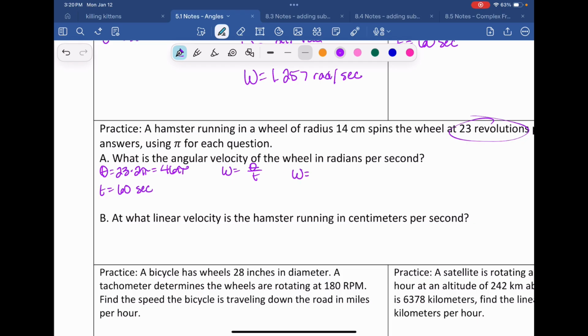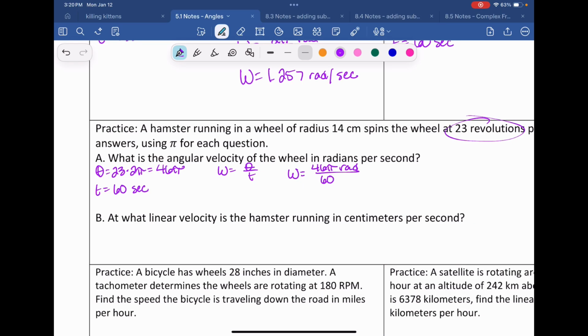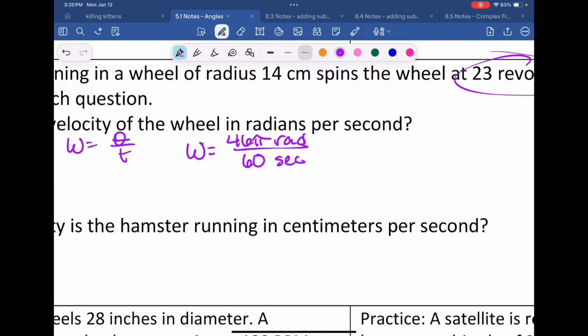So omega equals 46 pi radians over 60 seconds. Now it wants exact, and so when you do exact, I just have to reduce the fraction. These can both be divided by 2. So my exact angular speed is 23 pi over 30 radians per second.